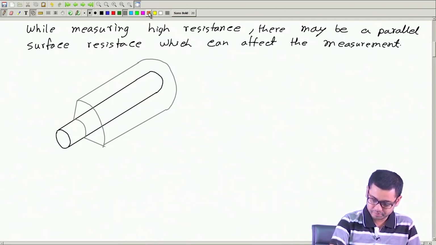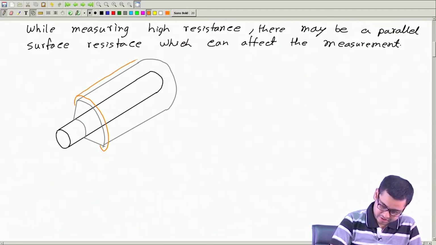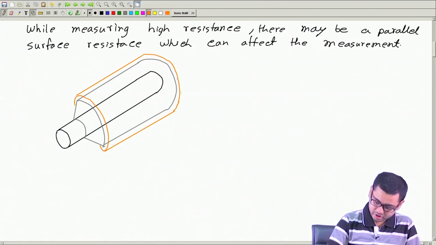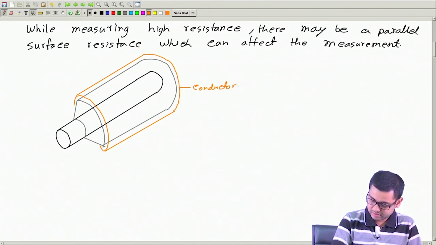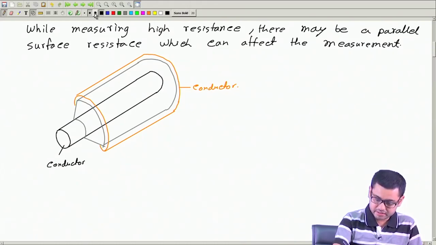Okay. So, after that we will have another layer on top of it, which is again a conductor. Okay. So, this is a conductor, the outer one is a conductor, the inner one, this is also conductor, and the middle one is insulator, this is insulator.